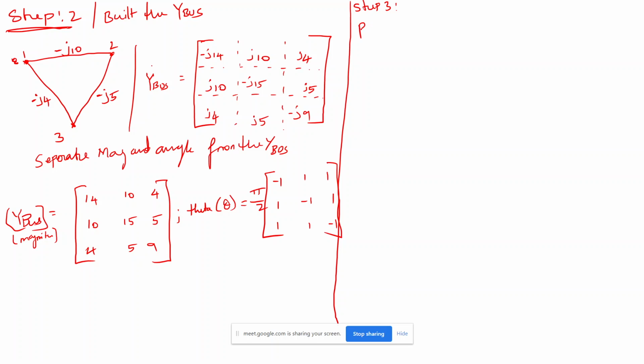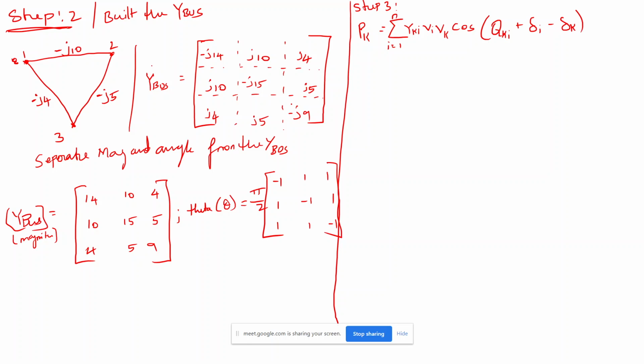That is, Pk is equal to the summation of, write down, this is very important, we have already derived this, this is the generalized form: Yki Vi Vk cos(Qki plus del i minus del k).